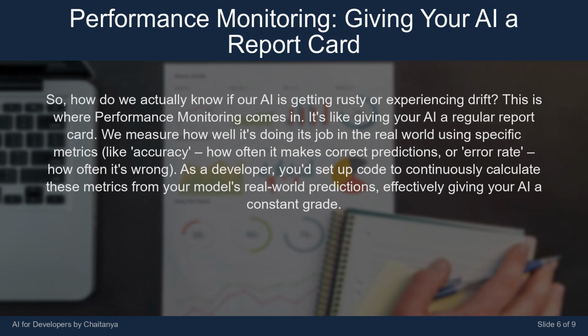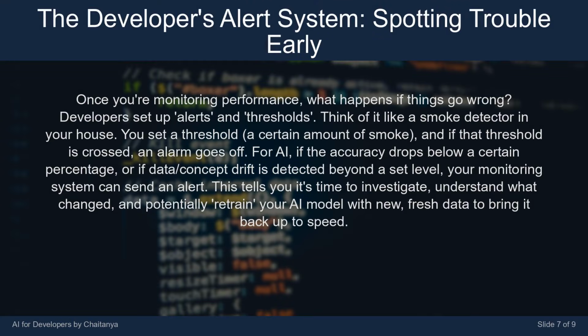Once you're monitoring performance, what happens if things go wrong? Developers set up alerts and thresholds. Think of it like a smoke detector in your house. You set a threshold, a certain amount of smoke, and if that threshold is crossed, an alarm goes off.